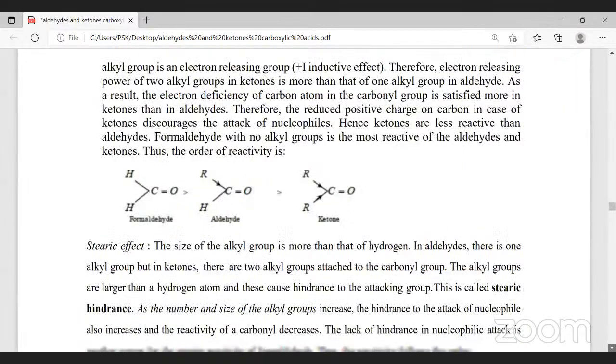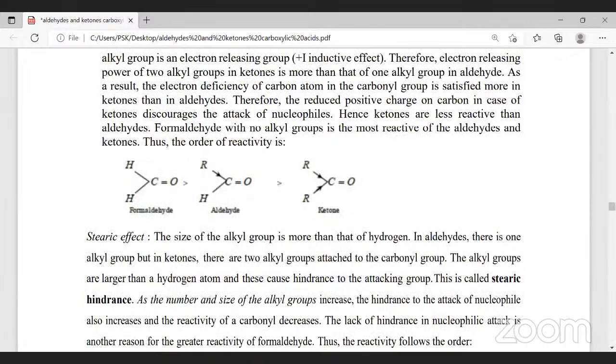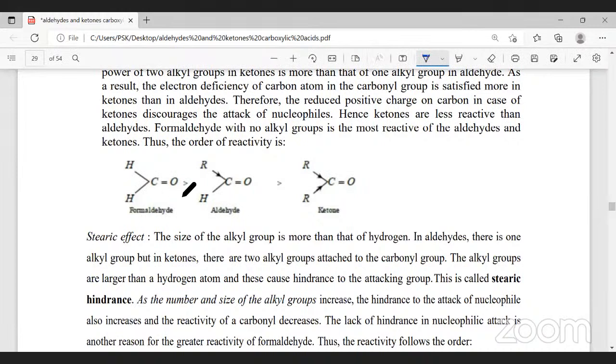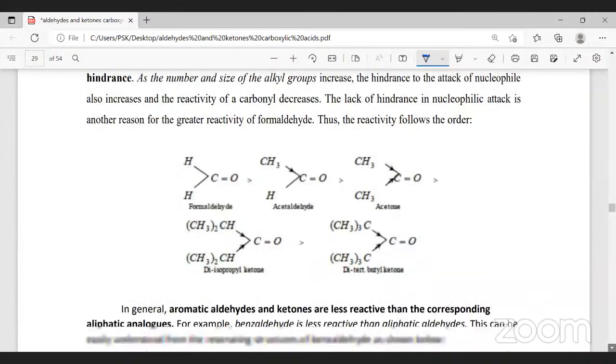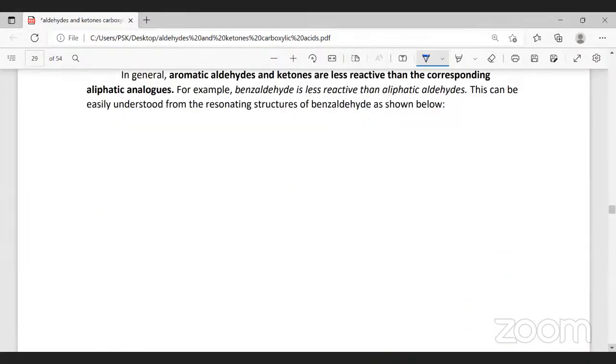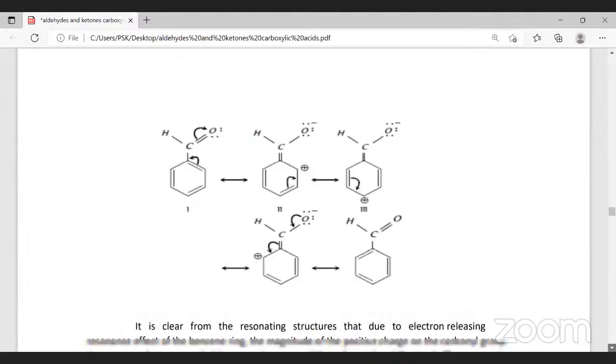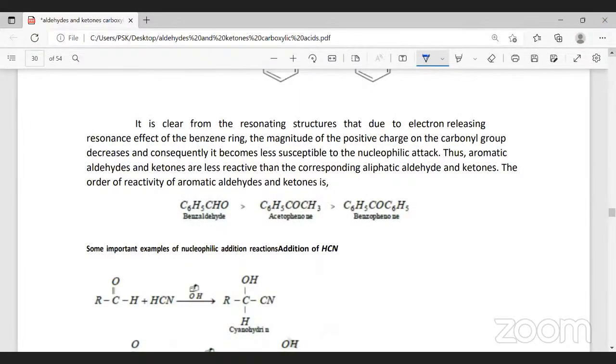You should remember aldehydes are more reactive than ketones. Formaldehyde is the simplest aldehyde, so formaldehyde is more reactive compared to acetaldehyde. Acetaldehyde is more reactive compared to ketone. This is because of electronic effect and because of steric effect. All right, follow this. Yes, sir, follow this, yes.